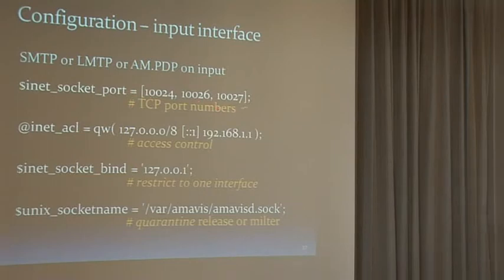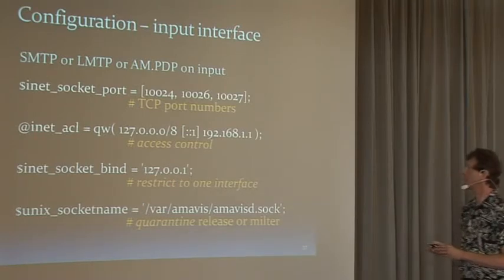Okay, this is a list of TCP port numbers where Amavis will listen. This is some access control lists so that not everybody can connect to Amavis on these ports. You can also bind it to a specific interface, so not anybody on your Ethernet would be allowed to connect.